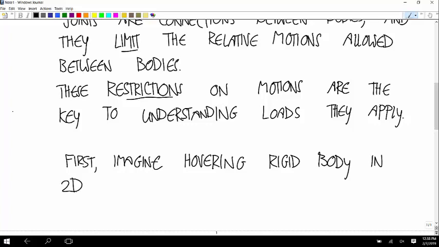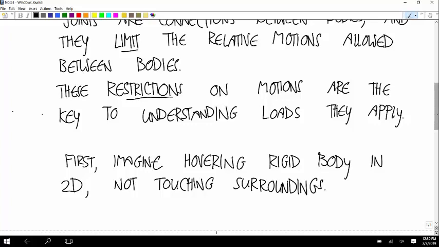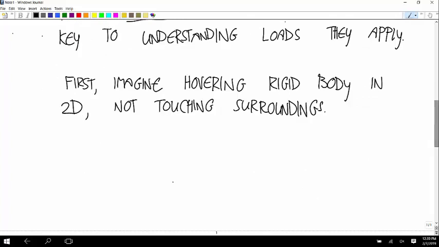So we're starting out in 2D, so this thing can only move in a plane. Not touching its surroundings. Okay, so this is an arbitrary thing, and it's just floating there in space. It is rigid, so it's not bending or anything.